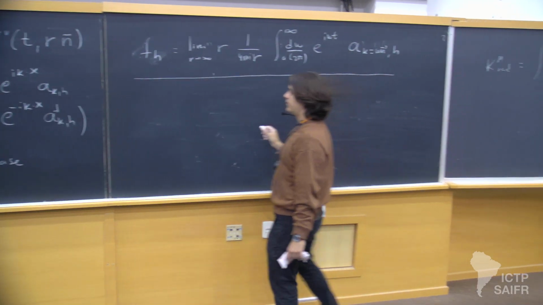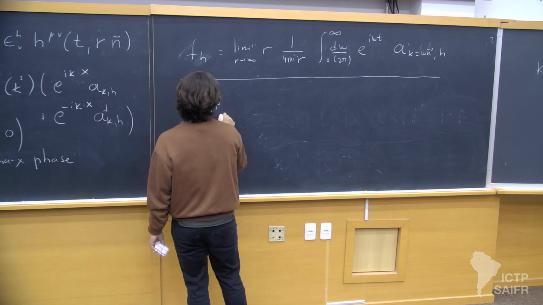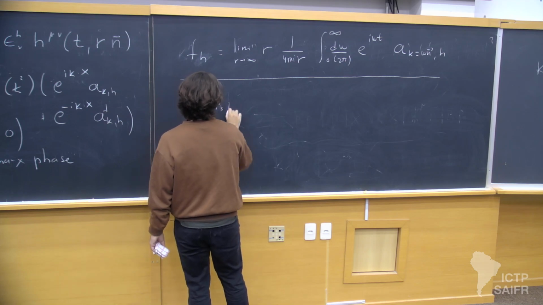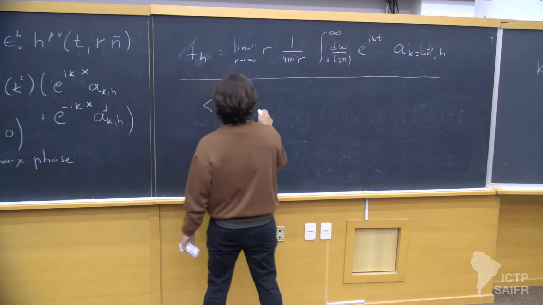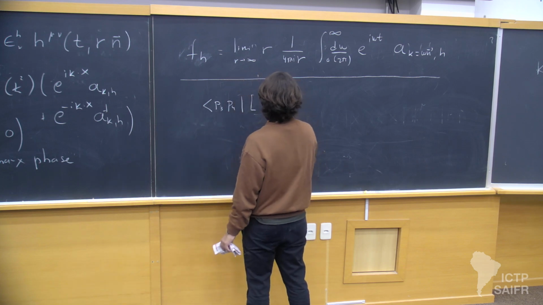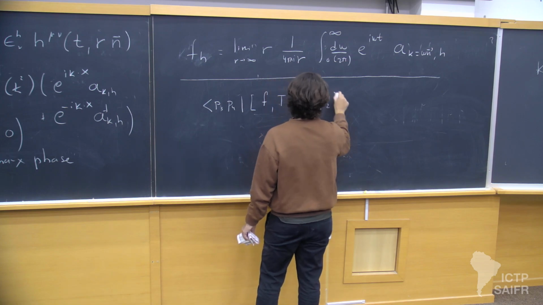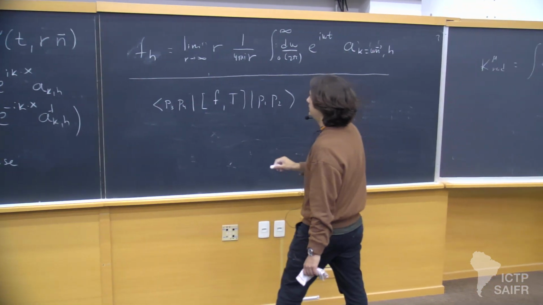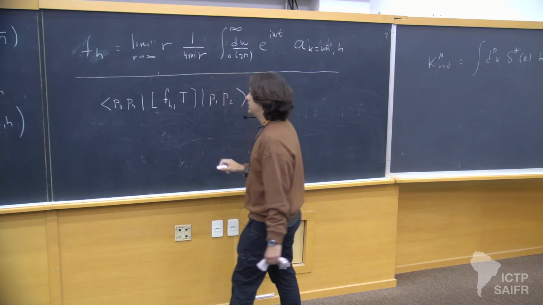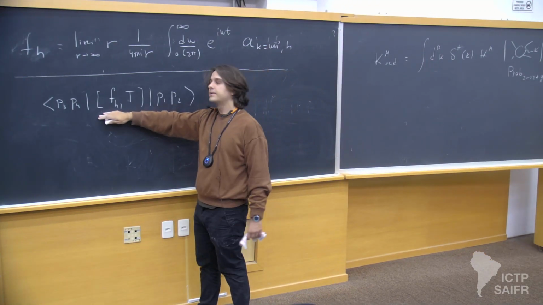So what's going to be our formula? There will be two contributions, as usual. So let me just write the integrand. So here I had the commutator of f with t. Okay, so this has an annihilation operator.